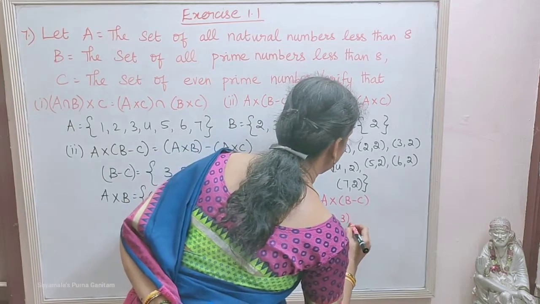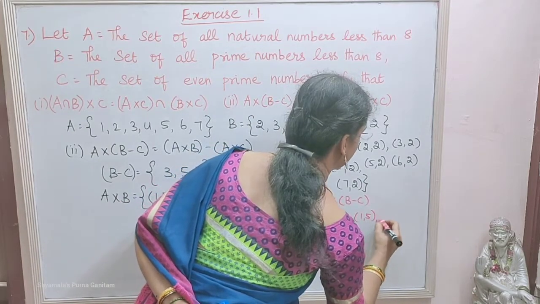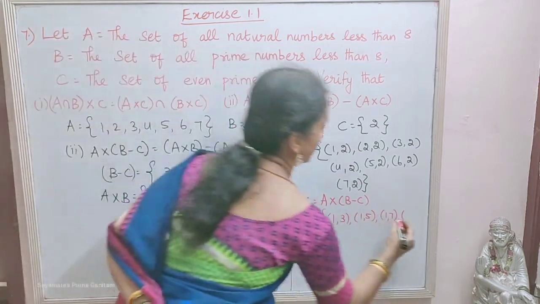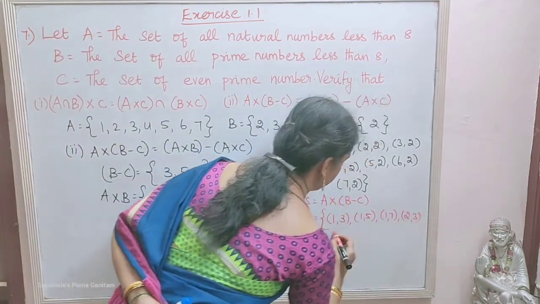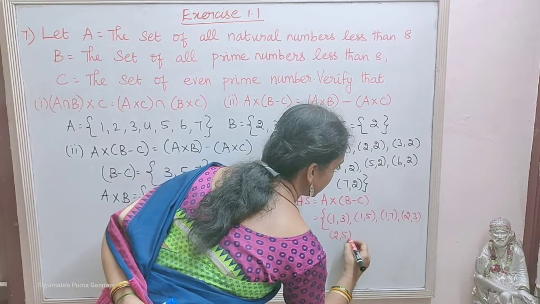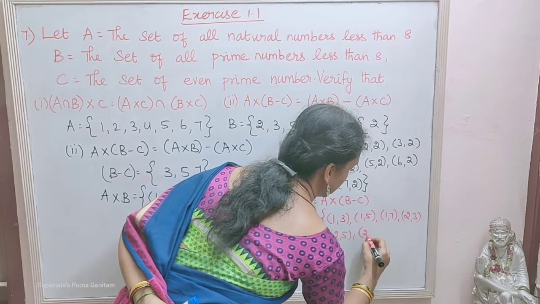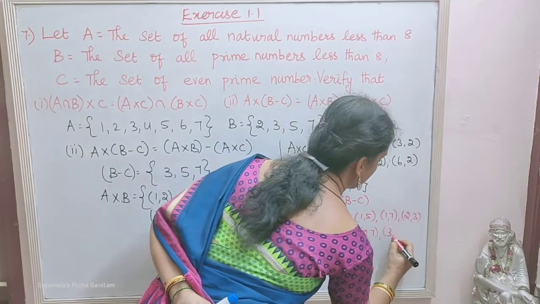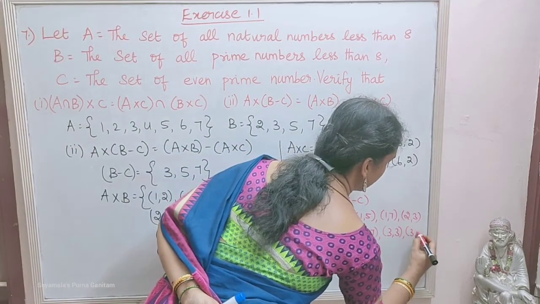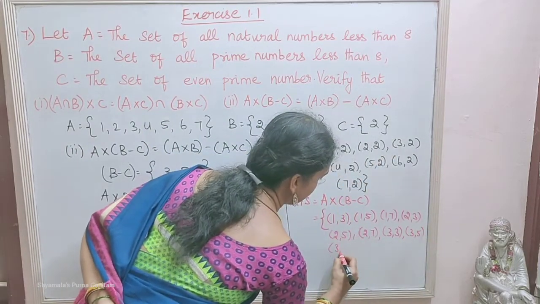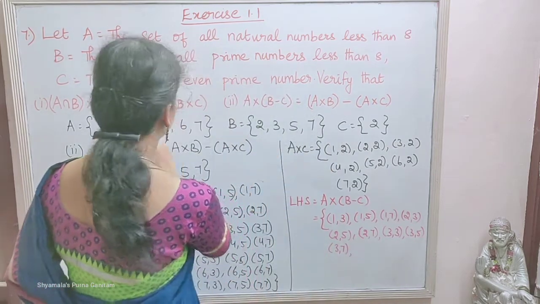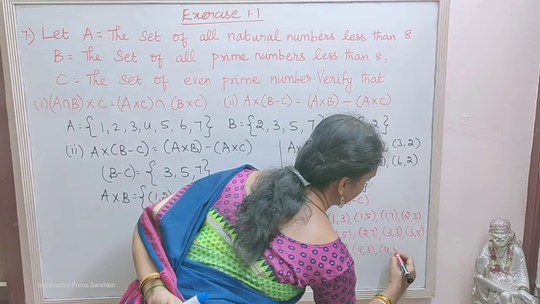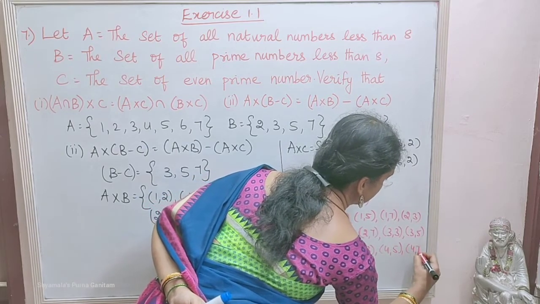So 1, 3; 1, 5; 1, 7. Then next element is 2: 2, 3; 2, 5; 2, 7. The next one is 3: 3, 3; 3, 5; 3, 7. Then 4: 4, 3; 4, 5; 4, 7.